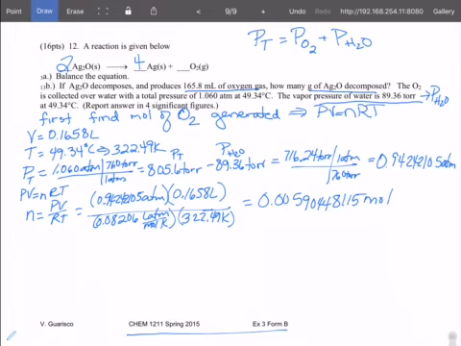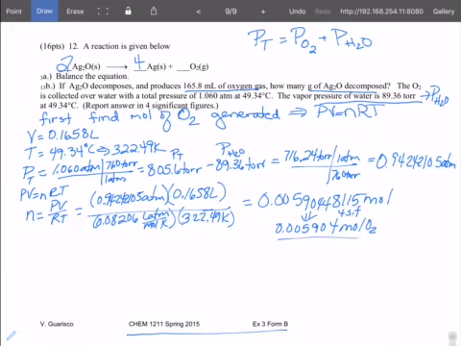Now, I was told to report the answer in 4 significant figures, so let's keep 4 significant figures. That means we're at 0.005904 moles of oxygen in 4 significant figures.